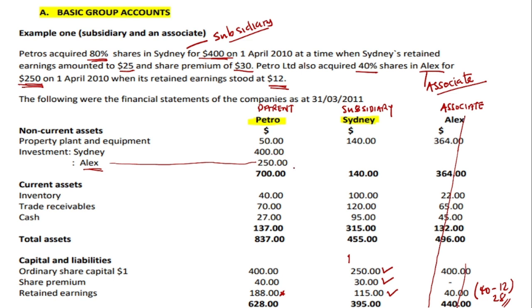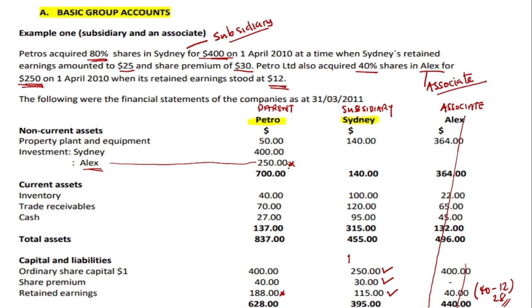So as indicated, we are not going to consolidate the results of the associate. Reason being that we only have what we call significant influence. So what we are just going to do is to get the amount 250 that is in the records of the parent company. That's our investment.